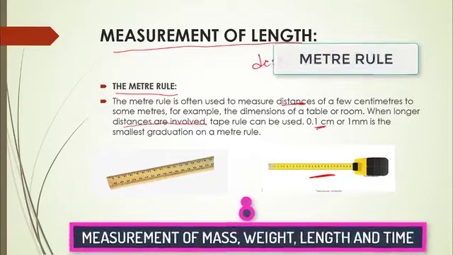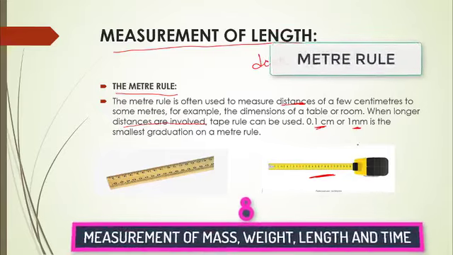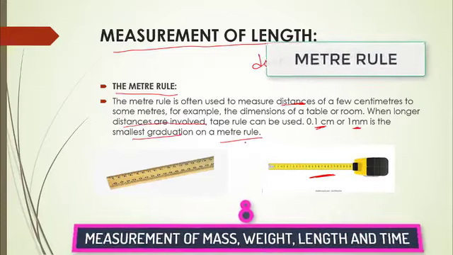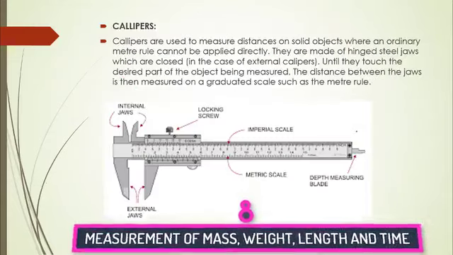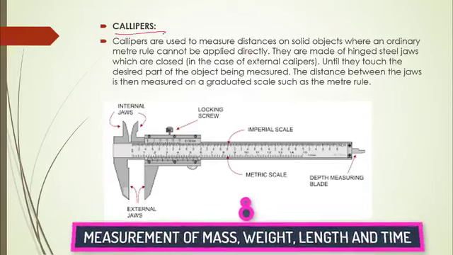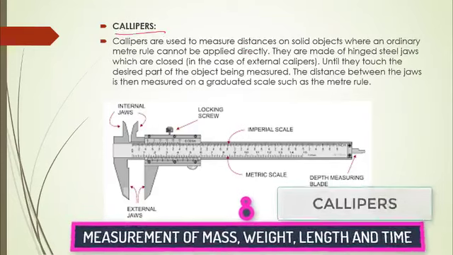Now, we have units of 0.1 cm or 1 millimeter. These are the smallest graduation on a meter rule. Another instrument we can use in measuring length is the caliper.